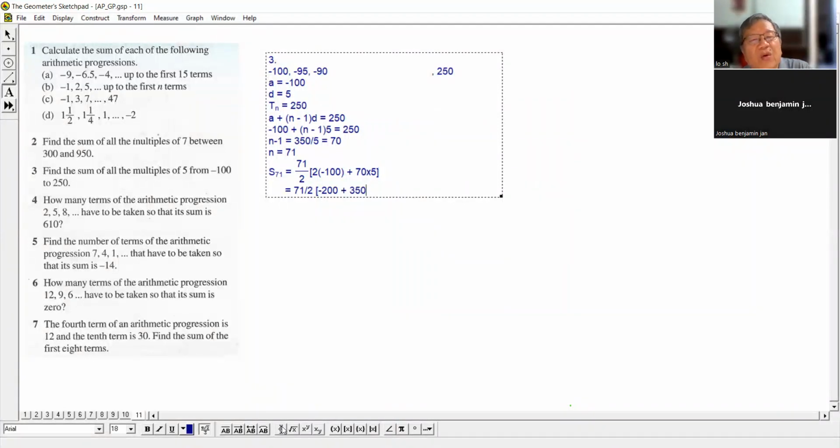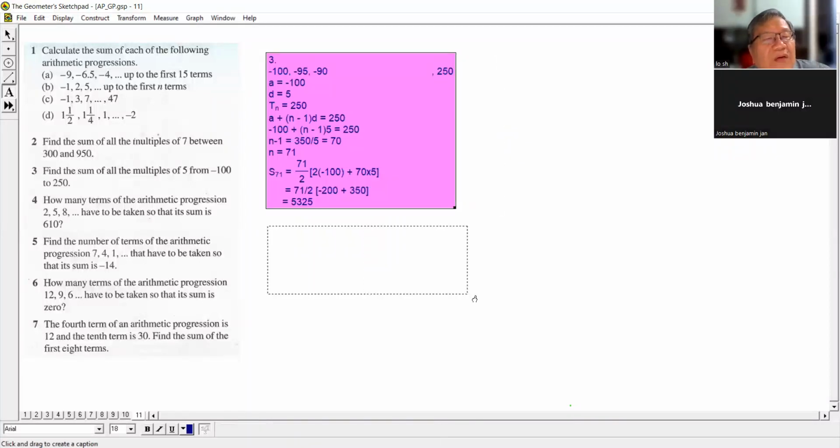So it's 150 times 71 divided by 2. The answer is 5325. Correct, so this is the answer.